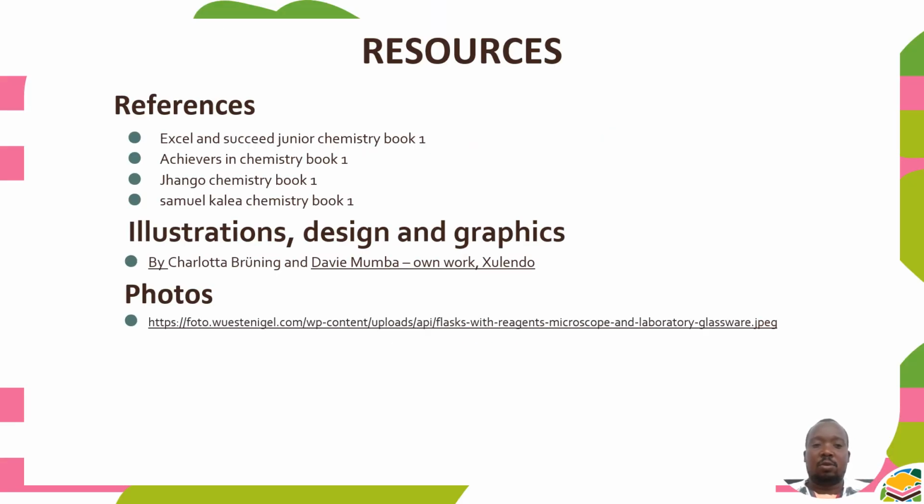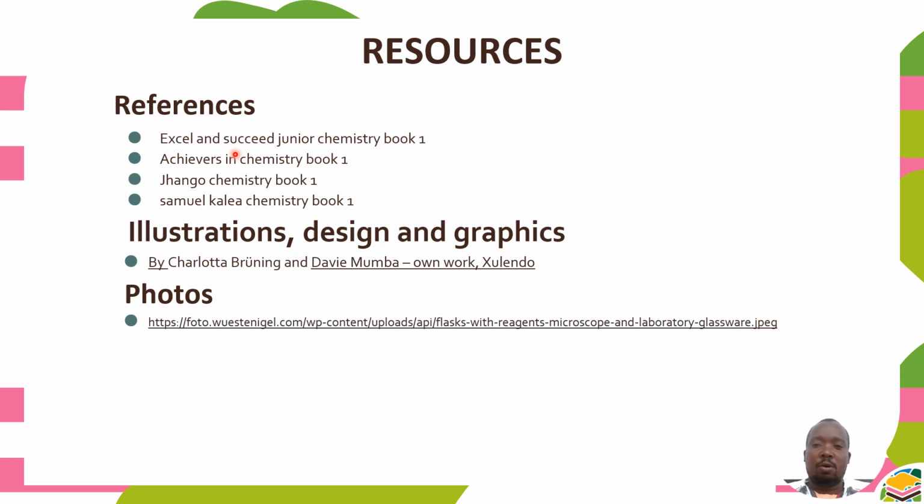For today's lesson, the following are the references: Excel and Succeed Junior Chemistry Book 1, Achievers in Chemistry Book 1, Jungle Chemistry Book 1, Samuel Kalea Chemistry Book 1. Don't be limited to only these references, because there are so many references which you can use.